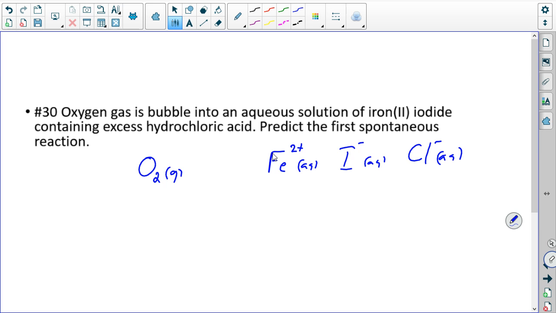Again, it's a strong acid, so it splits apart into H plus and chloride. Now I put it next to the oxygen because I knew what was coming. If you put it elsewhere, that's fine. Looking at your table, this is an RA. That's an RA. Iron 2, we have to remember, is one of those that has both. We've dealt with the hydrogen ion a couple times, so I'll put my OA there.